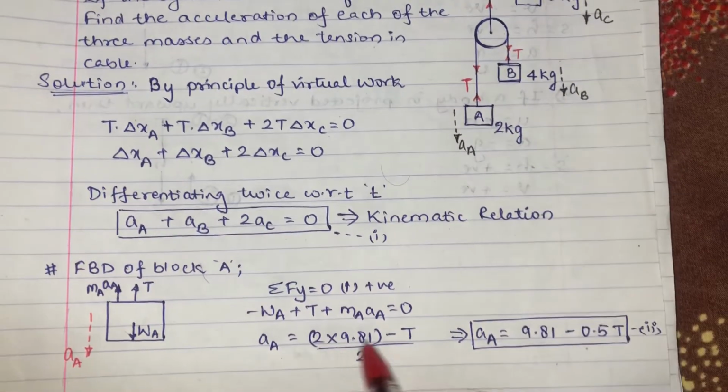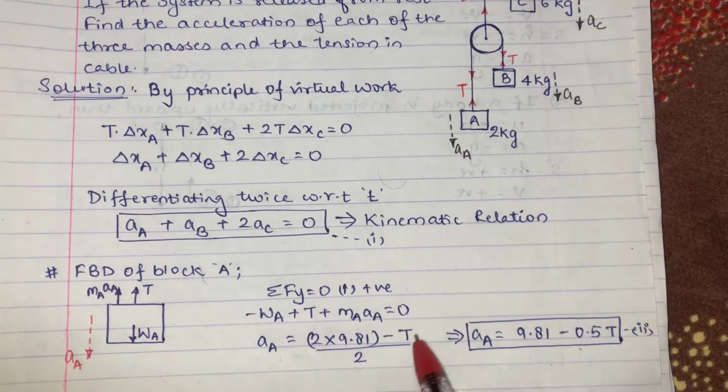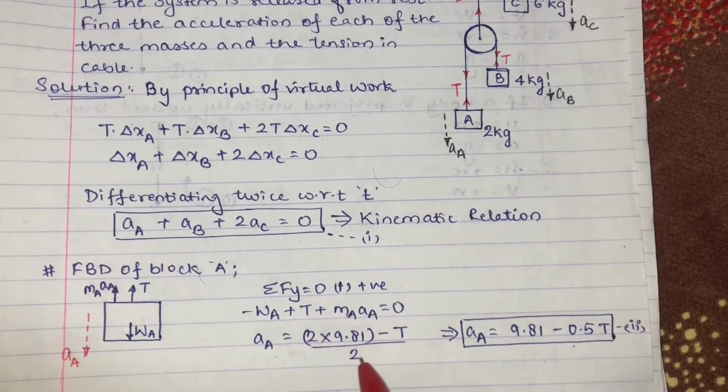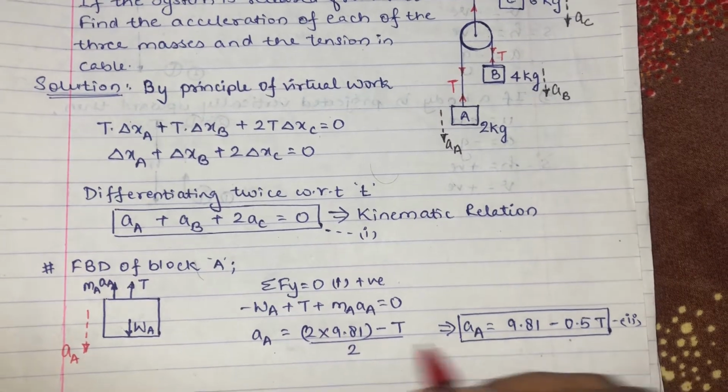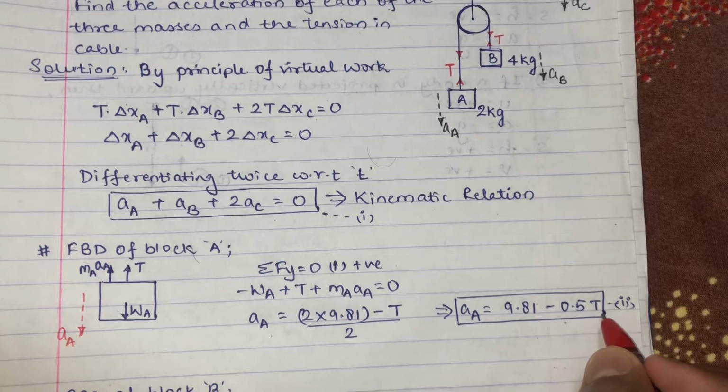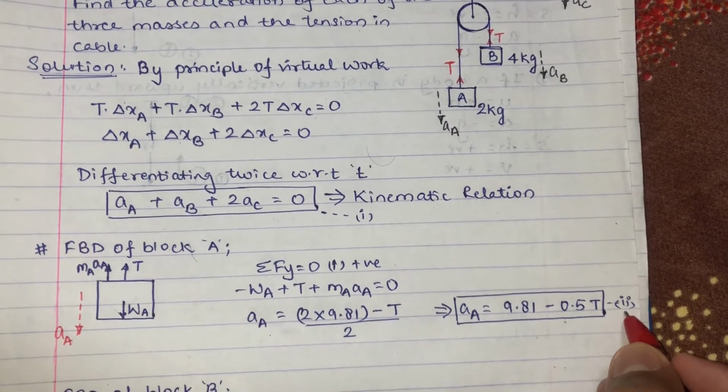So AA equals (2 into 9.81 minus T) upon 2. When you solve this, you get AA equals 9.81 minus 0.5T. That is equation 2.